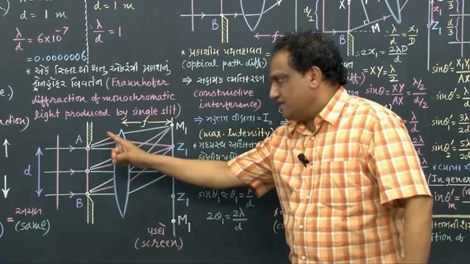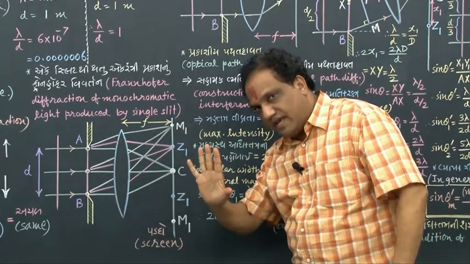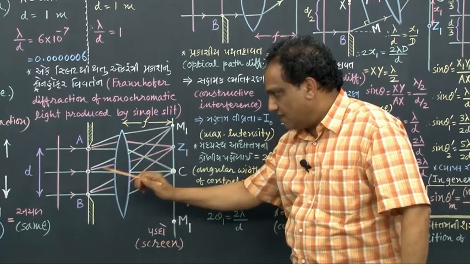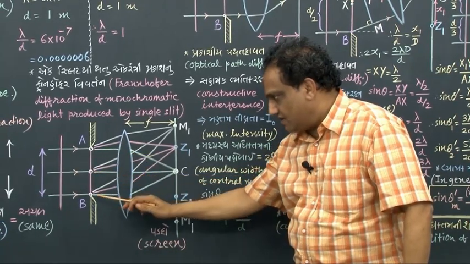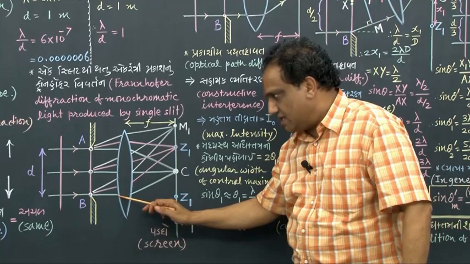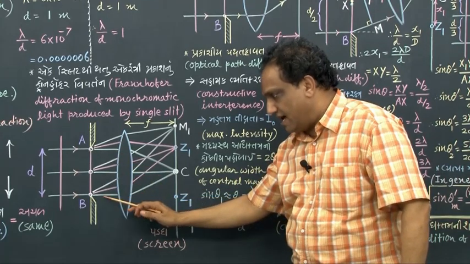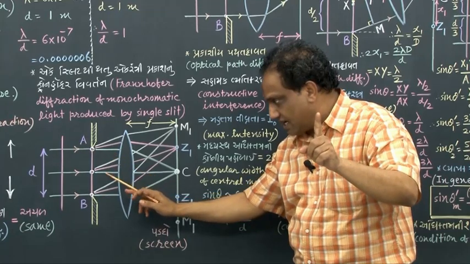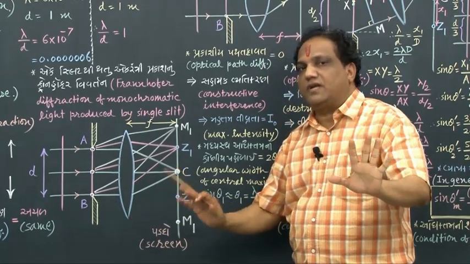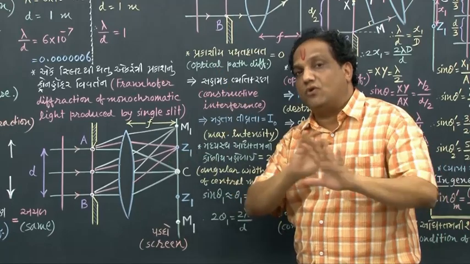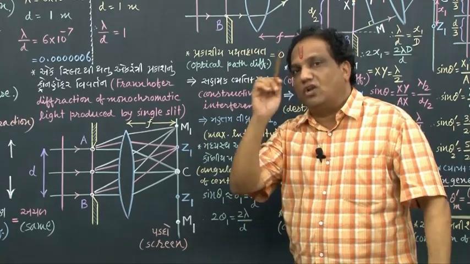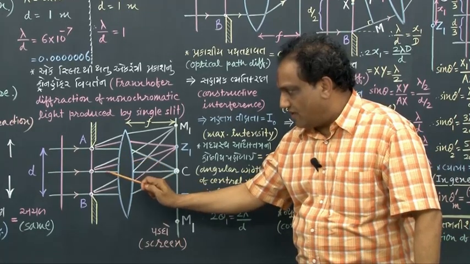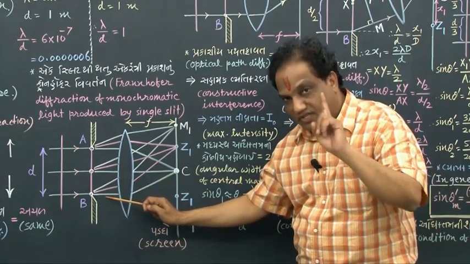Now out of such infinite number of rays, if you consider such rays, look here, they are going straight without getting bent. No diffraction for these secondary light rays. That means they are not bent by any angle, so the angle of diffraction is 0. Right now you just consider this group of light rays for which the angle of diffraction is 0.